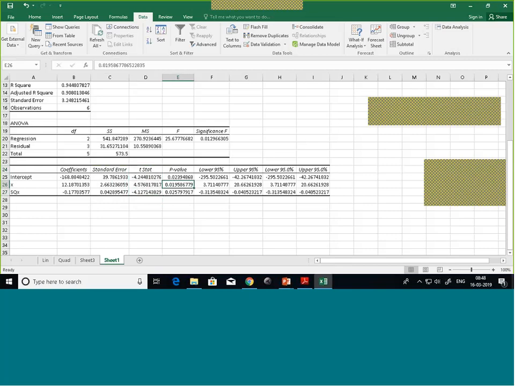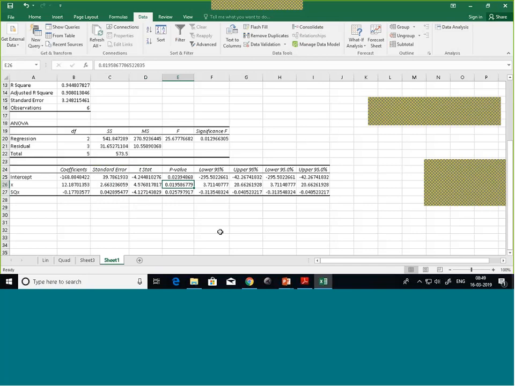So for B1, what is the T statistic? It's around 4.58. And for B2, the T statistic is around minus 4.13. Now tell me, this is the P value for B1 or beta 1. How much did you get? 0.019586779.